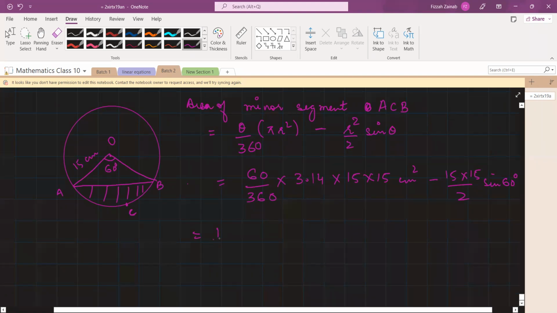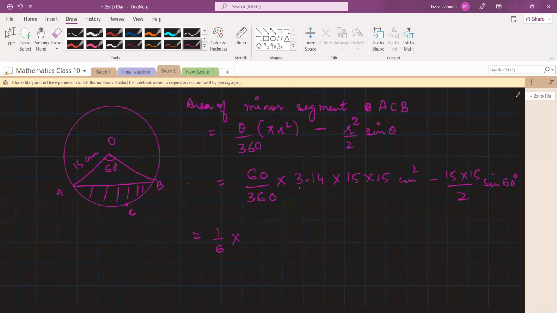It is 1 by 6 into, if I remove the decimal, 314 divided by 100 and 15 into 15. Then you have minus 15 into 15 divided by 2 sine 60, which is root 3 by 2. Right. Now you can simplify a little bit. So 3 into 2, 3 into 5, right? Then 2 into 1 is 2, 11, 2 into 5 is 10, 14, so 157.